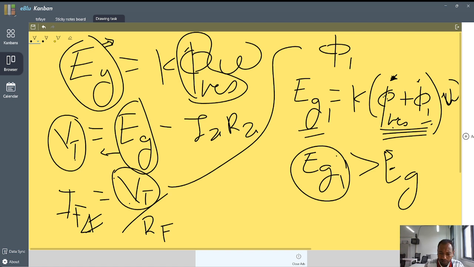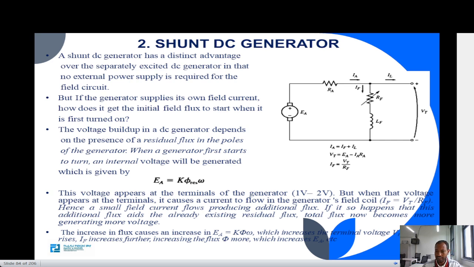The voltage that appears at the terminal of the generator at the very beginning is supposed to be 1 to 2 volts. It's a very small voltage. But when the voltage appears at the terminal, it causes current to flow in the generator field coil. So this IF will be created, and this IF will produce additional flux.